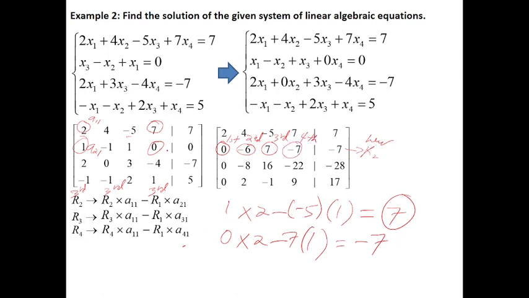Next. 0 times 2 minus 7 times 1. Negative 7. Ayun, nakuha yan. Nakasunod. Gets nyo? Yes, sir.